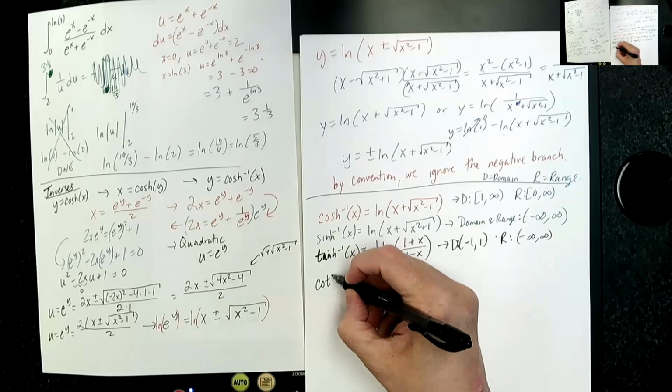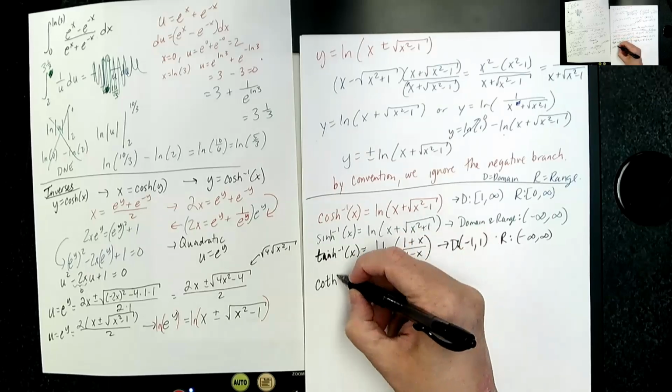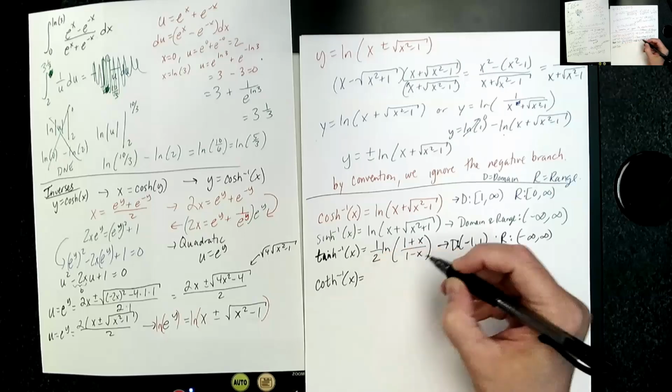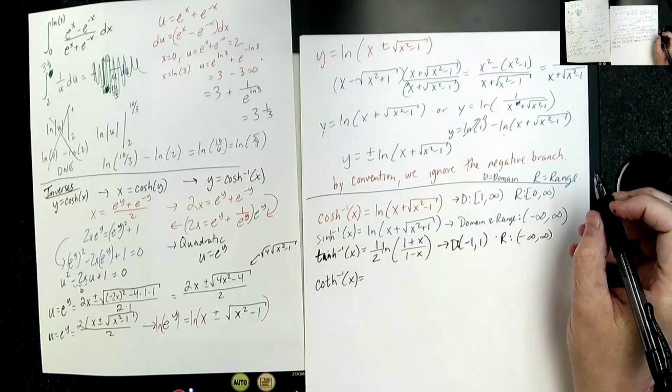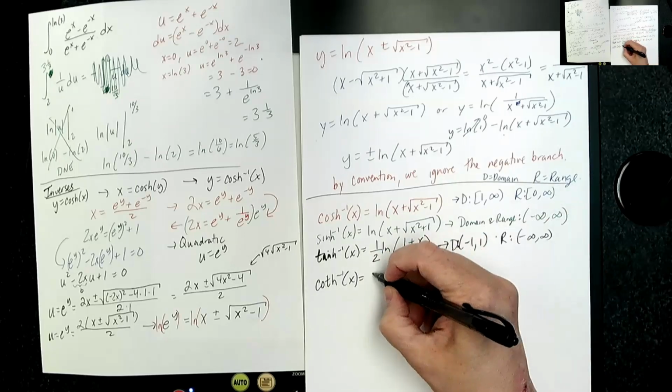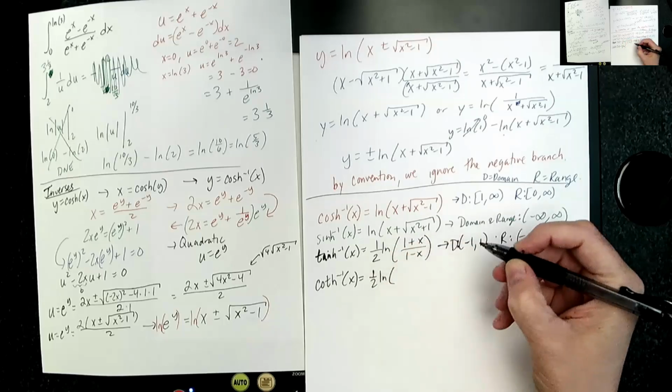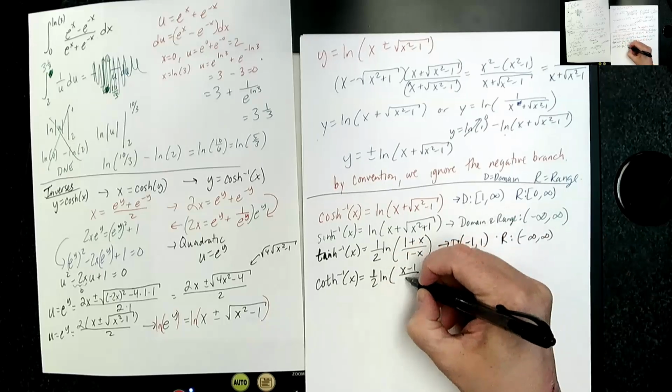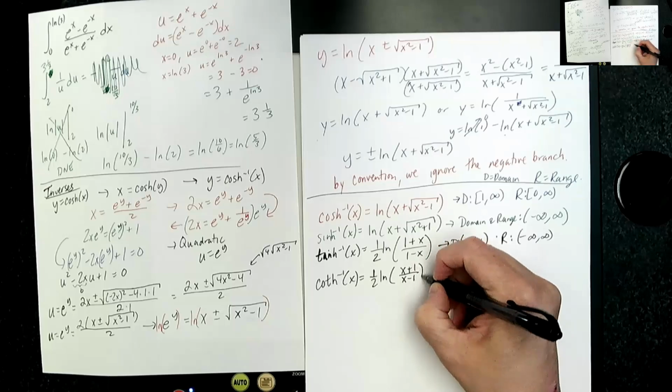Cotangent inverse, the 1/tanh inverse, looks very, very similar to the tangent. In fact, it's x plus 1 over x minus 1.